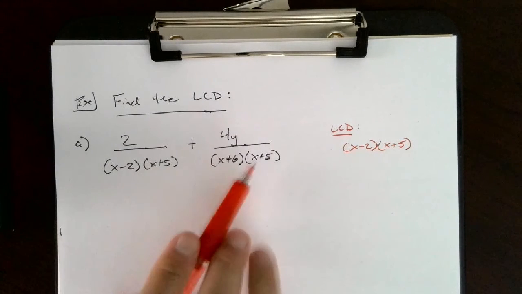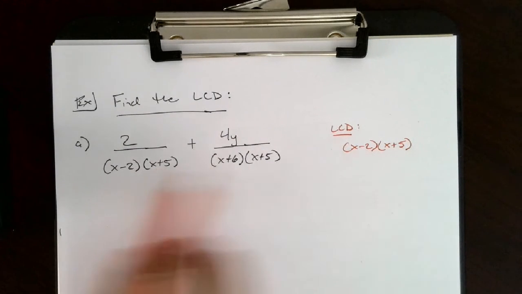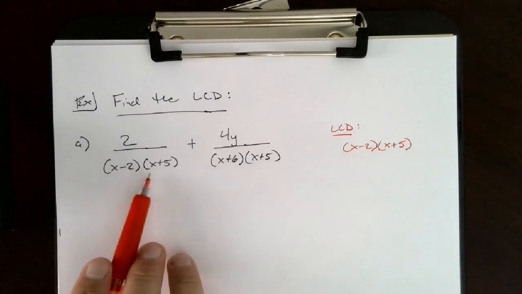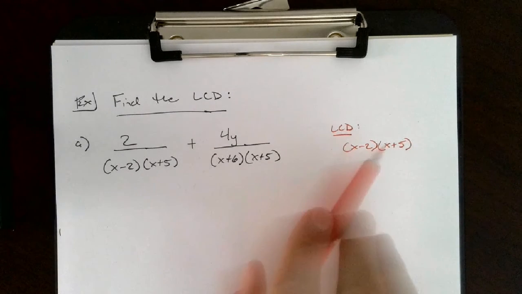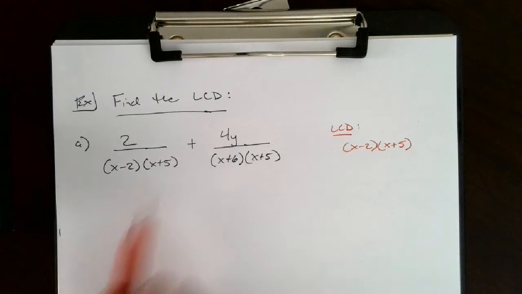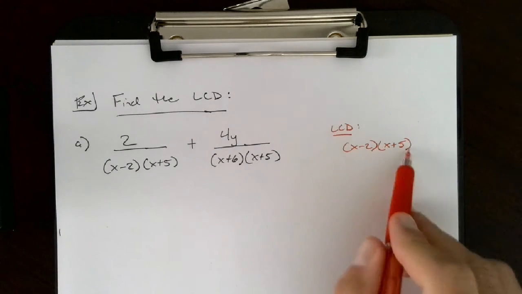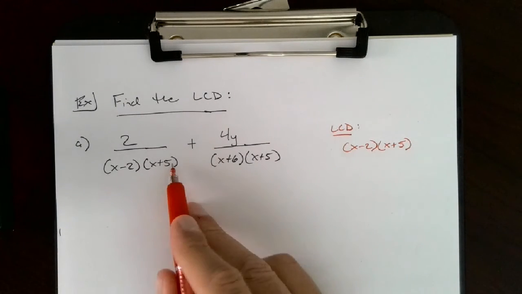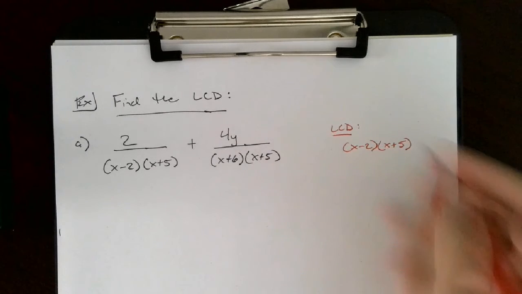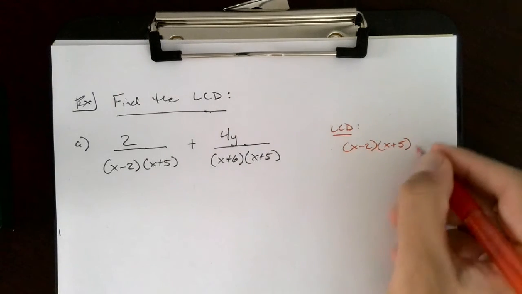You don't want to say squared. Sometimes people make that mistake. It's not how many x plus 5's you see. It's the highest power of x plus 5 that you see, which is only to the first power. If you try to put squared on here, now you won't have a least common denominator. You don't want to do that. This is a factor that appears in both of them, so we just need it once because the highest power we see of it is just once. And then in this one we have a factor of x plus 6.